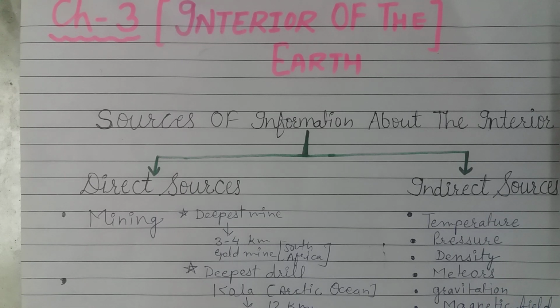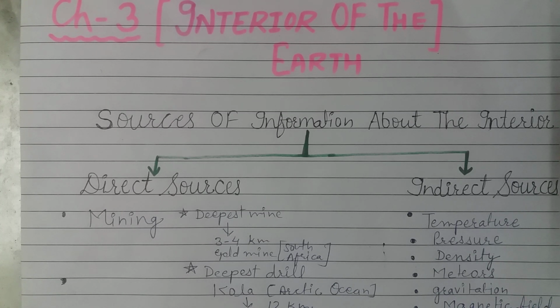As you know, there is no uniformity in the Earth's surface from the top to the bottom. When we go from the upper area to the lower area, the temperature increases.